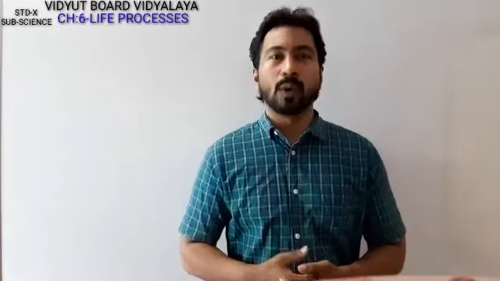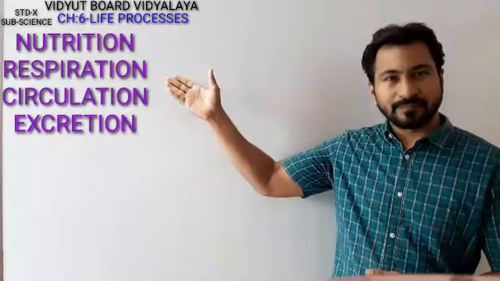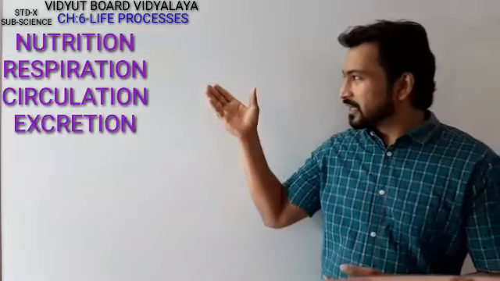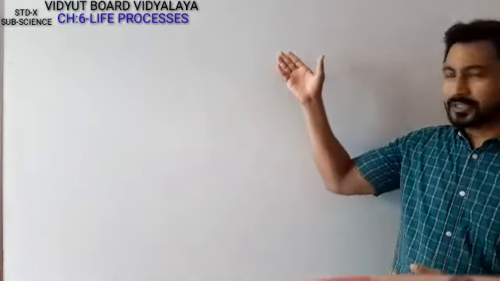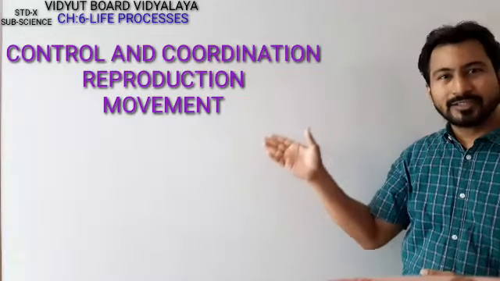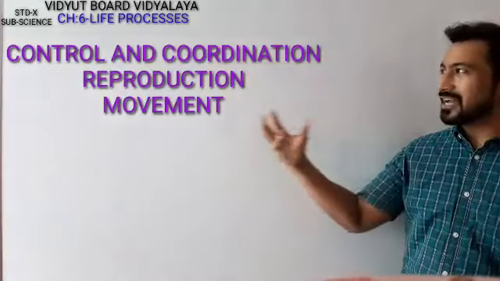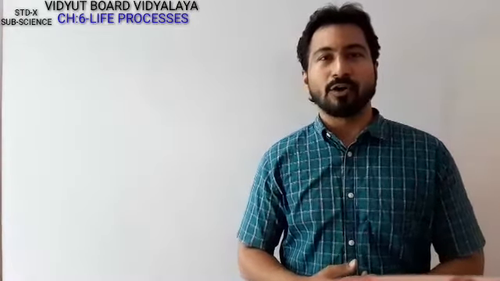Let us see them one by one: nutrition, respiration, circulation, excretion, control and coordination, reproduction, and movement. These are the various processes which take place in the body of living organisms to maintain their life, and therefore they are said to be the life processes.